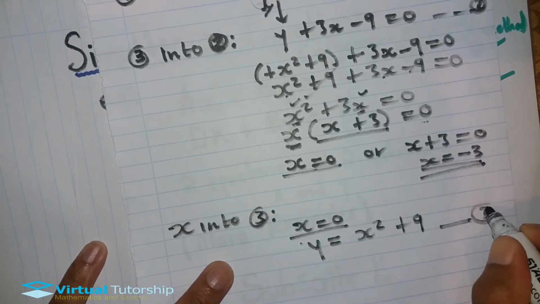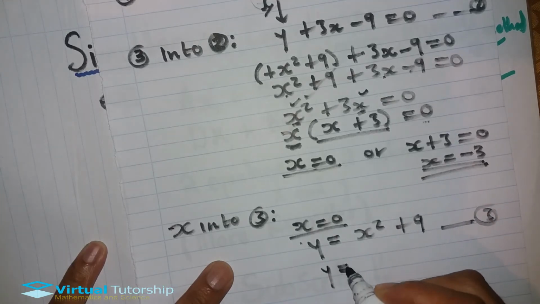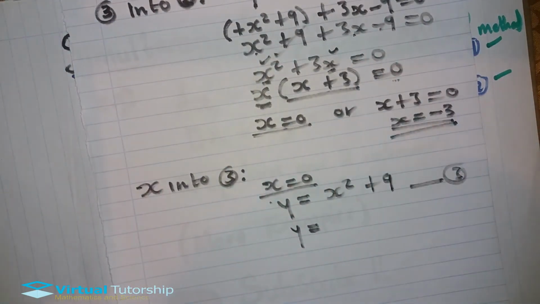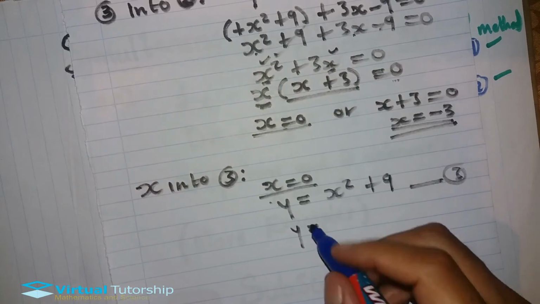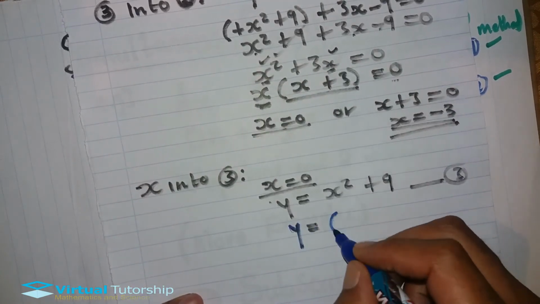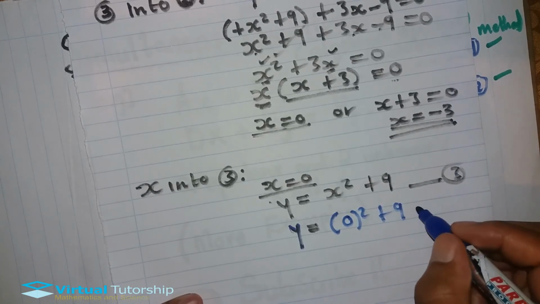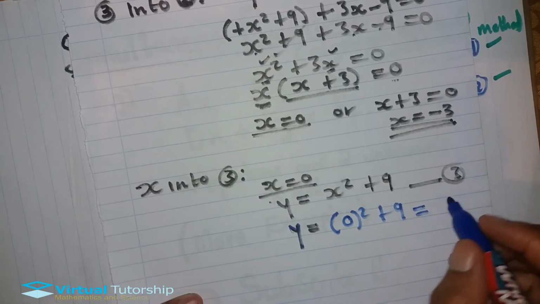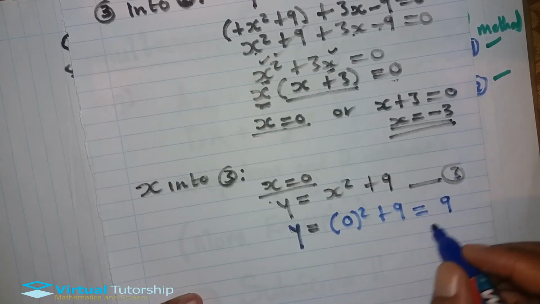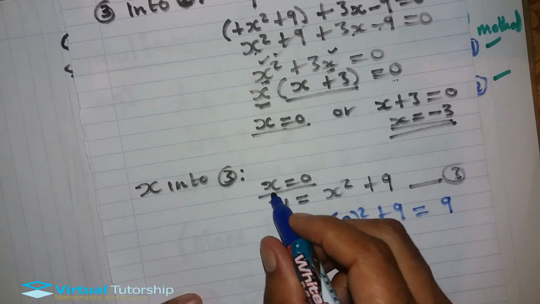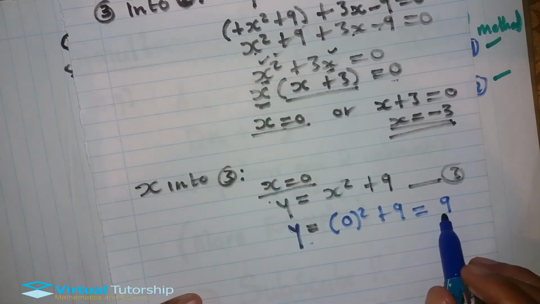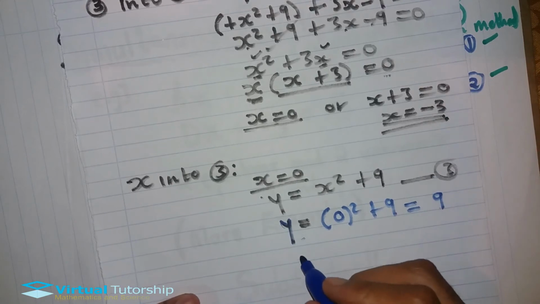This is the third equation. Don't get it twisted. So it's open bracket 0 squared plus 9, and the answer will be 9. So if x is 0, y will be 9.